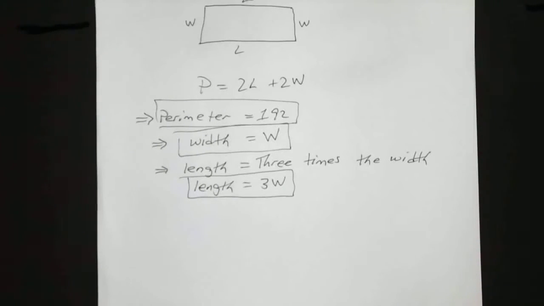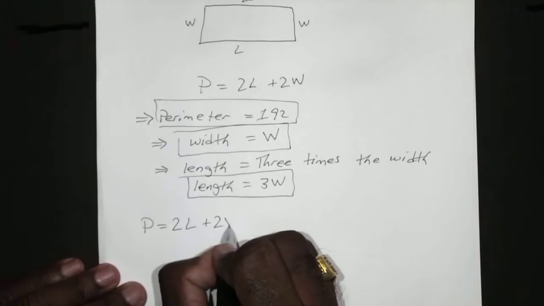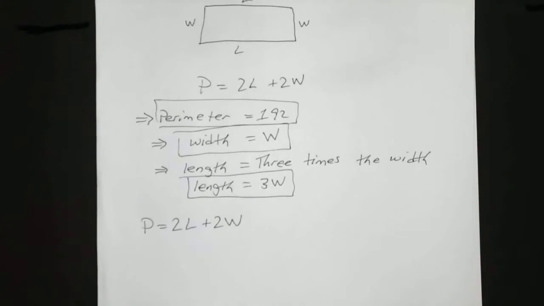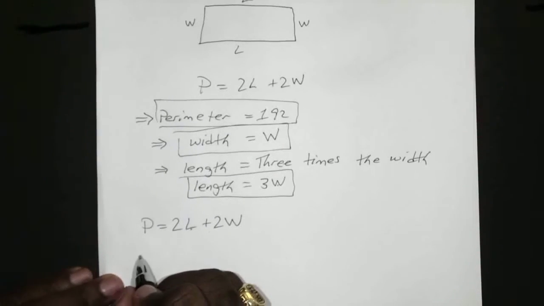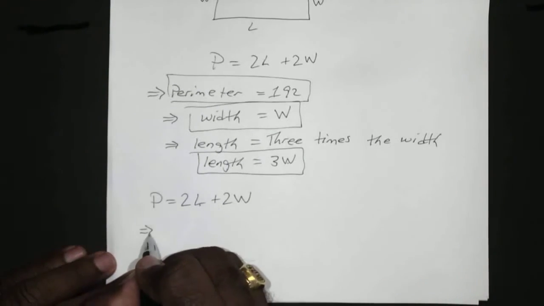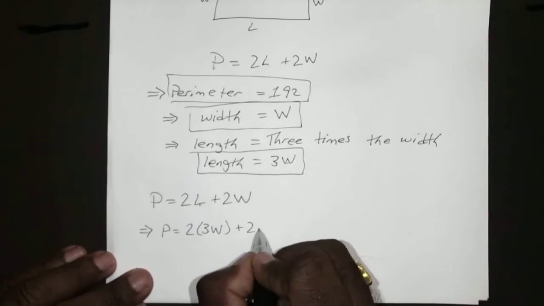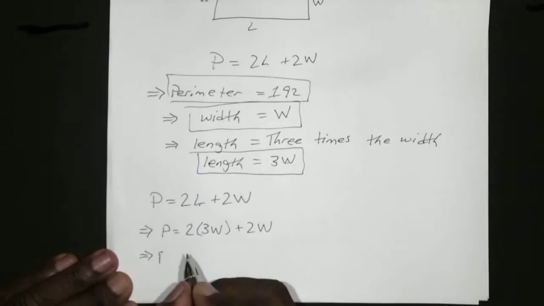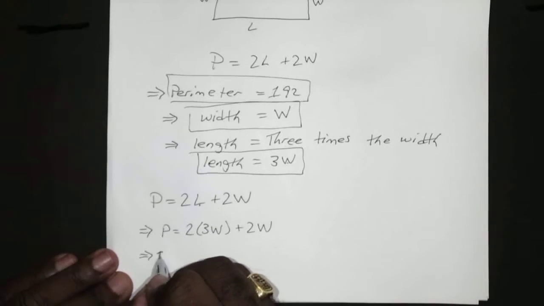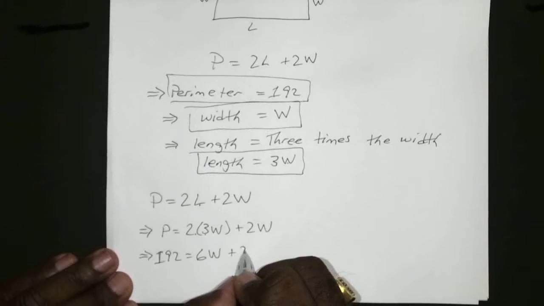So from there, we just plug them in. So if the perimeter is equal to 2 times the length, plus 2 times the width, and we know that the length is 3 times the width, we can just replace that L with 3 times W. That means our perimeter, which we know is 192, you have 2 times 3, which is 6W, plus 2W.